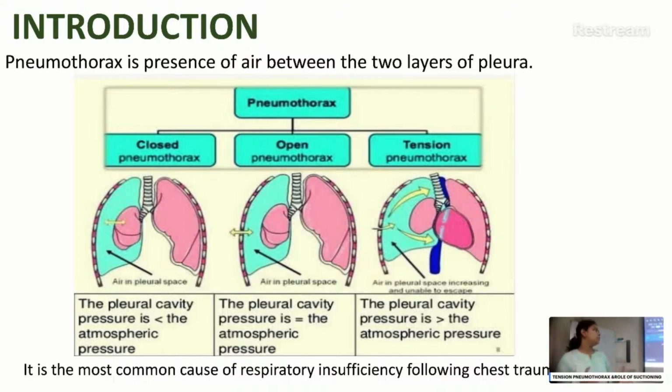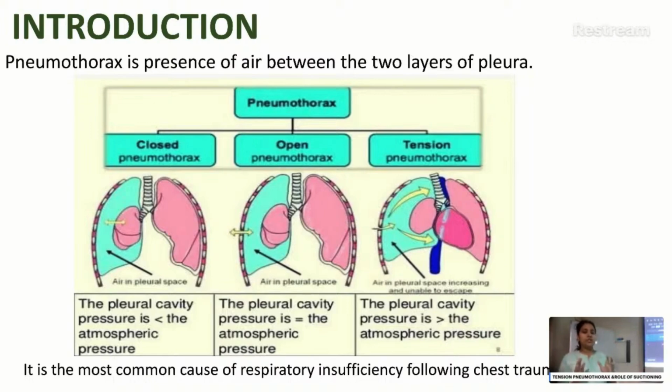Why only during inspiration? Because there is a negative pressure during inspiration. When we inspire, -8 centimeters of water is the pressure between the layers of the pleura. Now, till the point where the pressure inside the pleural cavity is equal to or less than the atmospheric pressure, the air will go out.